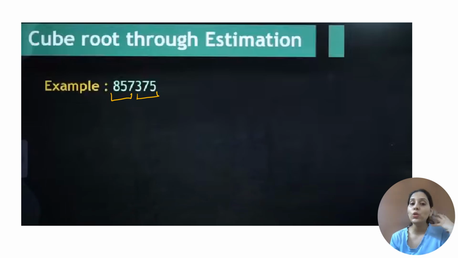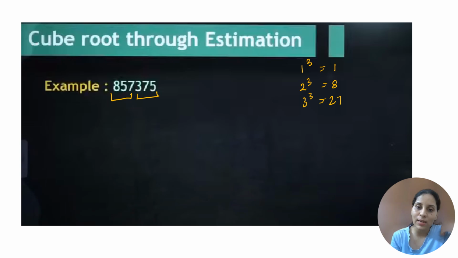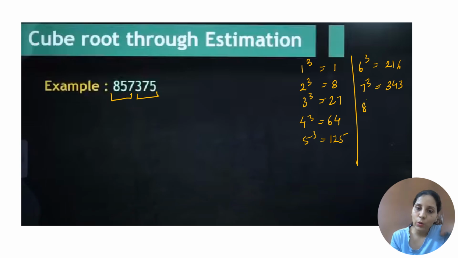For this you should know the cubes of 1 to 10. So let me write it over here. It will be easy. 1 cube 1, 2 cube 8, 3 cube 27, 4 cube 64, 5 cube 125, 6 cube 216, 7 cube 343, 8 cube 512, 9 cube 729 and 10 cube is 1000.